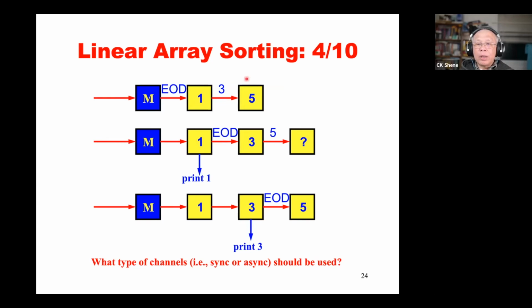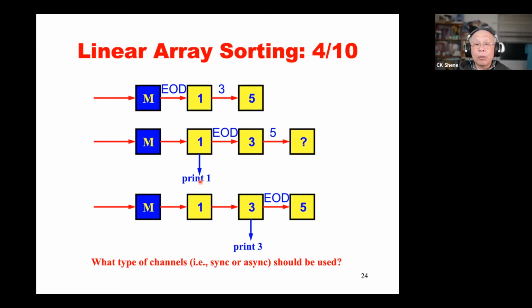Now, the second sorting thread received 3. 3 is smaller than the number it memorizes, so it memorizes 3 and sends 5 out. Of course, before it can do that, a successor must be built. And 5 is sent to the successor through the channel. Now, the first thread has already received end of the data, so the number 1 is the smallest.